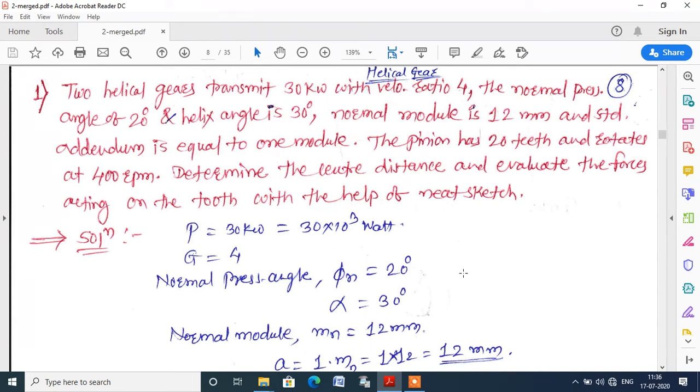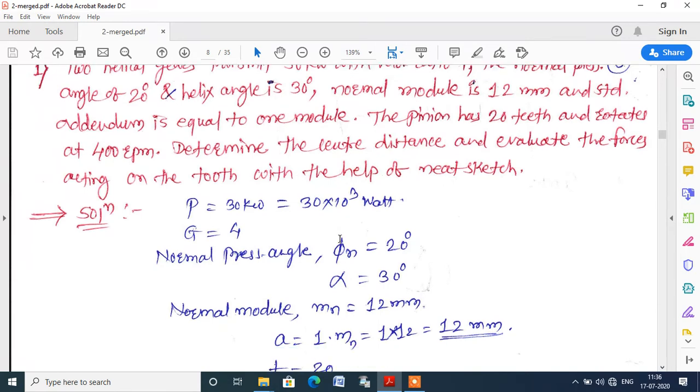Students, already I told you, every numerical you have to read at least 2 times. After reading, write down the given quantities and what is asked in the numerical. In this numerical, the given quantity is power, 30 kilowatt, which converted into watt is 30 into 10 raised to 3 watt.